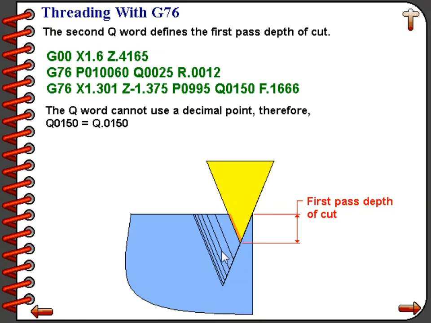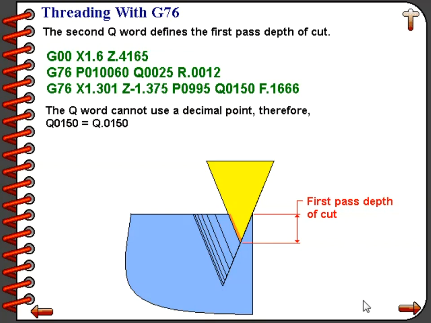The next pass after that might be 12/1000ths, then 9, then 8, 7.5, 7, 6.5, 6, and so forth, working its way down to a smaller and smaller infeed amount with each successive pass. And if you remember, back up on the first line of G76, the Q word there will specify the minimum amount allowed for the infeed cutting depth.